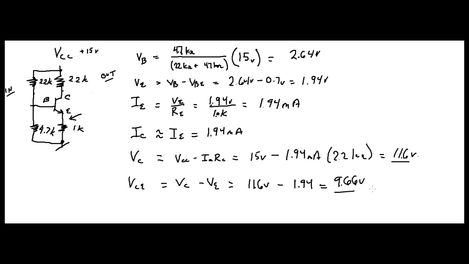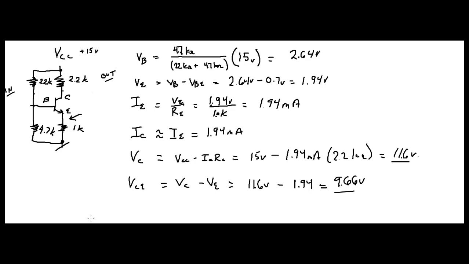Beautiful, right? Now this is generally how you're going to be doing it in the lab, right? Unless someone asks you specifically to do it the method we did with Thevenin, where you utilize beta. But in this case, I didn't give you beta, so if you're not given beta, you're going to have to do it this way, all right?